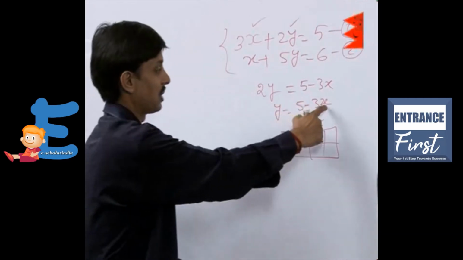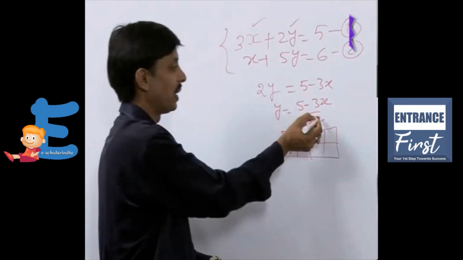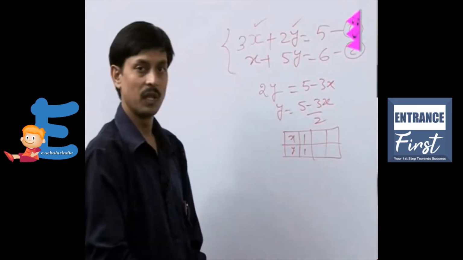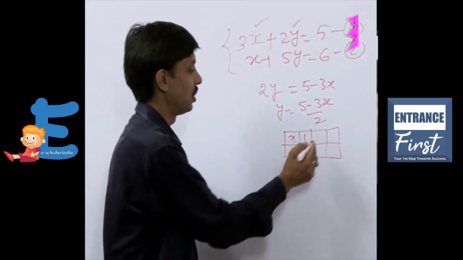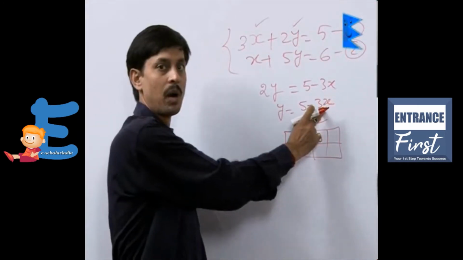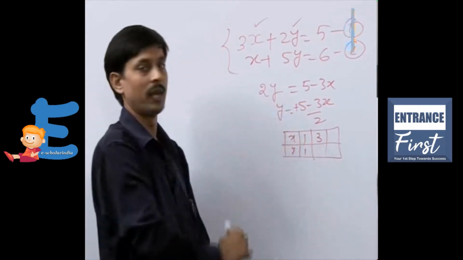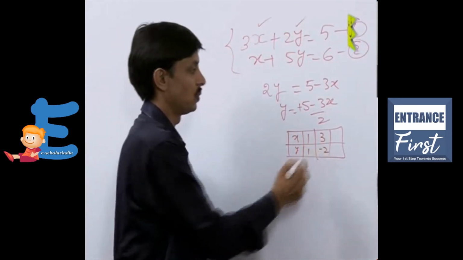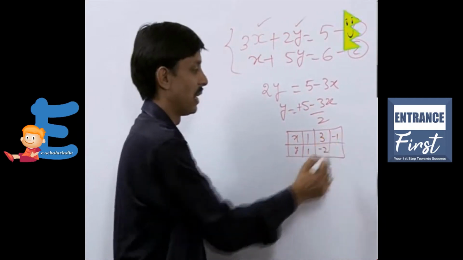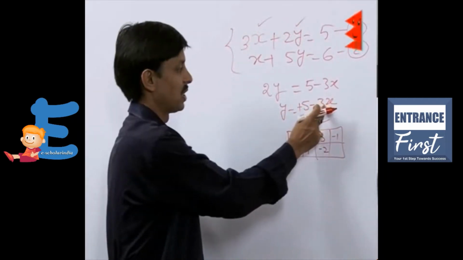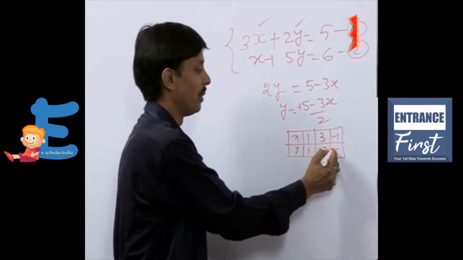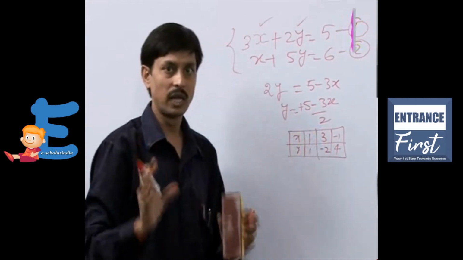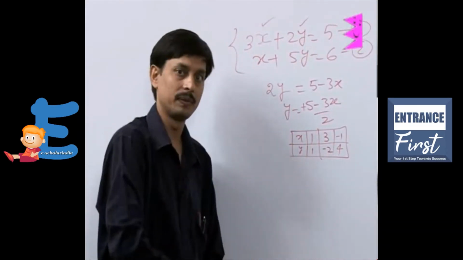Suppose I am opting x is 1, automatically by putting x is 1 in this, y is 1. Suppose I am taking x as 3, 3 threes are 9, minus of 9 plus of 5 giving us minus 4 upon 2, that is minus 2. Suppose I am taking x as minus 1, minus 3 times minus 1 is plus 3, plus 5, 8 upon 2 becomes 4. This is one set of solutions to plot the graph.